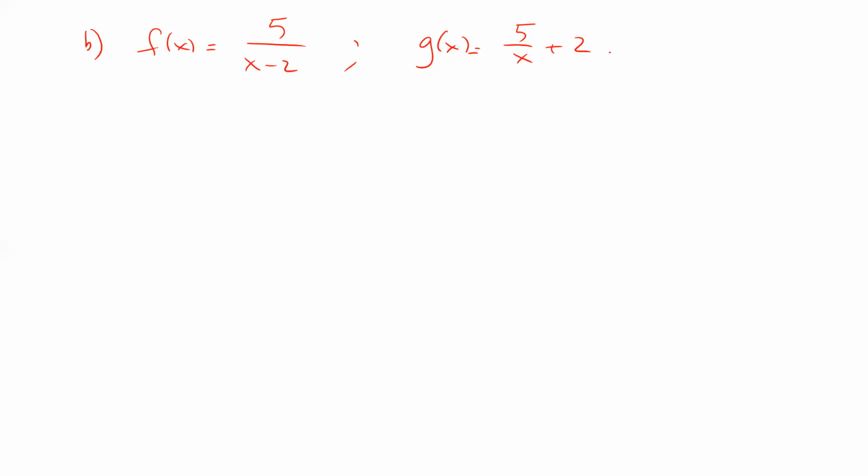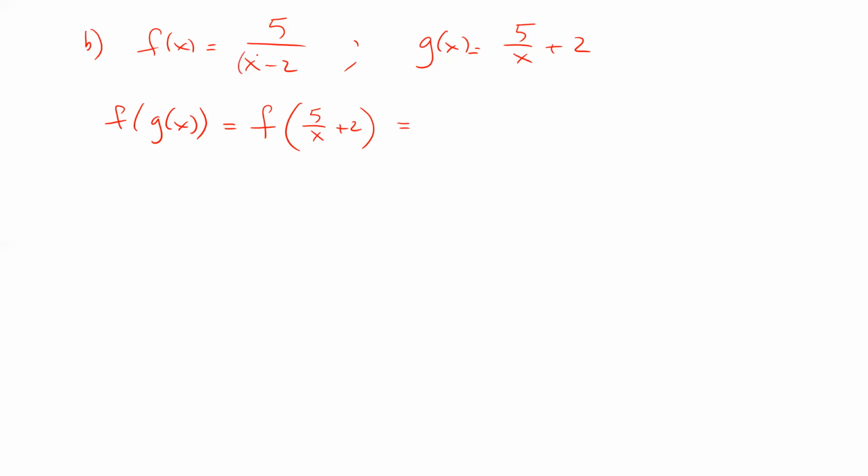All right, let me try it now. Here's f of g of x. This would be interesting. This is 5x minus 2, plus 2. Okay, let's see if we put this in correctly. We good? So we're going to do the f function.